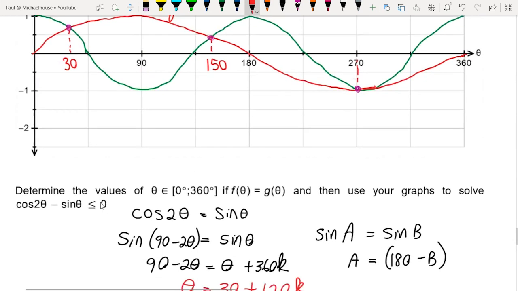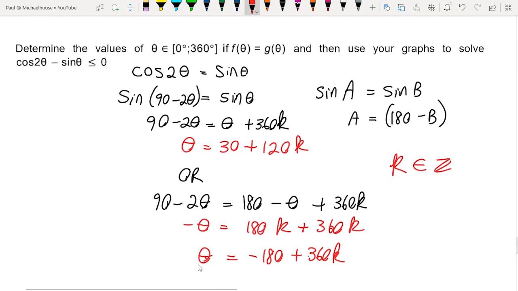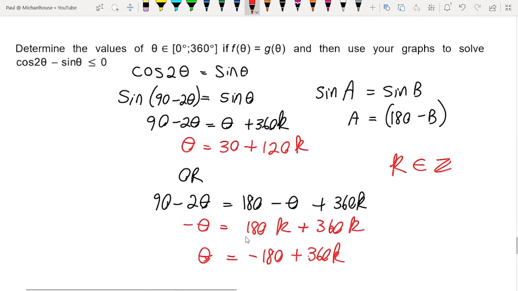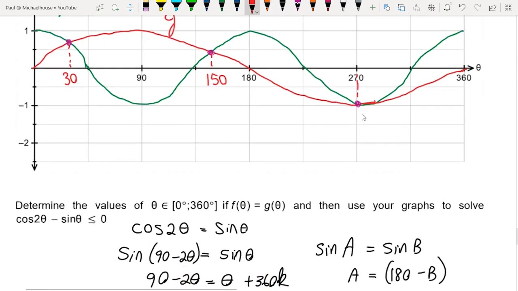It doesn't look like we got any solutions from the other one, and in fact I think I've messed up something here. This should be 90, and so in fact theta is minus 90 plus 360k, and the only one we get out of here is the 270, which we've already got.